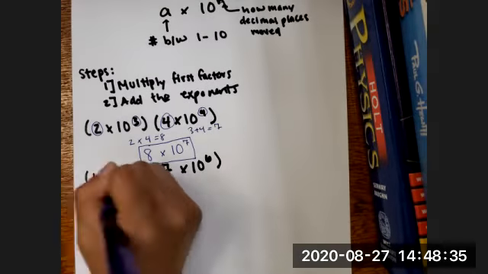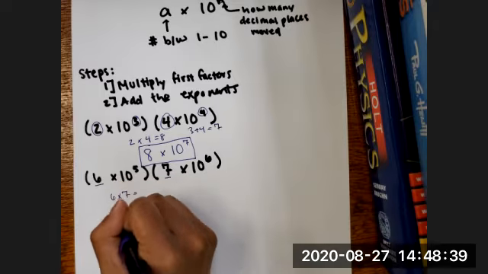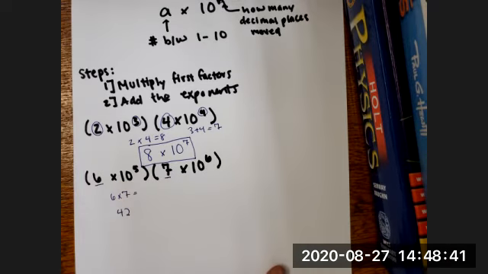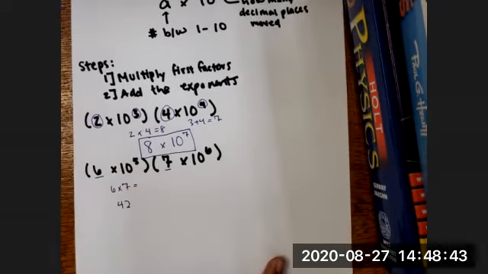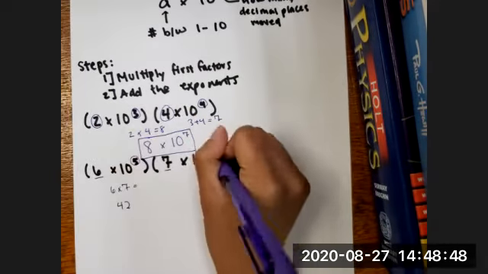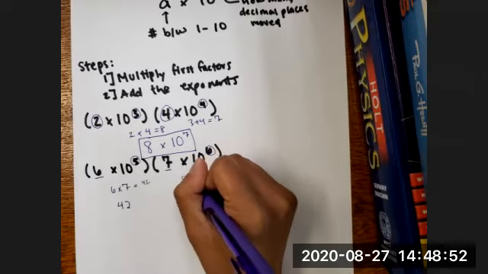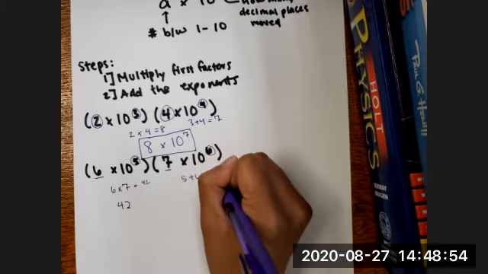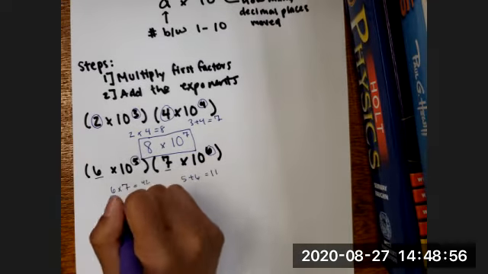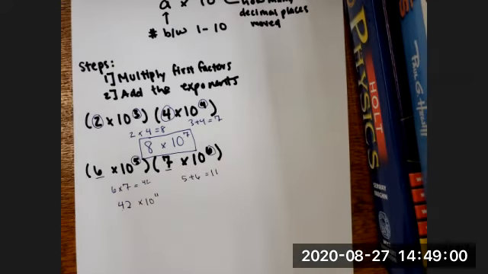So I have 6 times 7, which is equal to 42. And then I have to add my exponents, which is 5 and 6. 5 plus 6 is equal to 11. So at this moment, I have 42 times 10 to the 11th power.